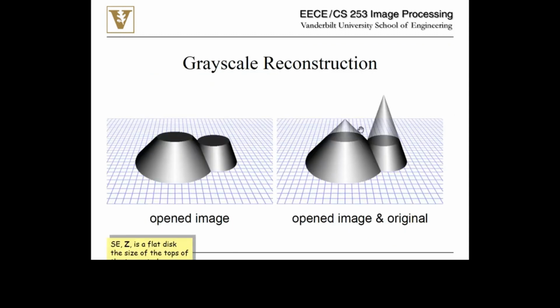Let's take this original image. This is the opening. The opening is removing the peaks. And now this is the reconstructed image. So the opening is removing the peaks, but then the reconstruction recovers a bit of the peak.